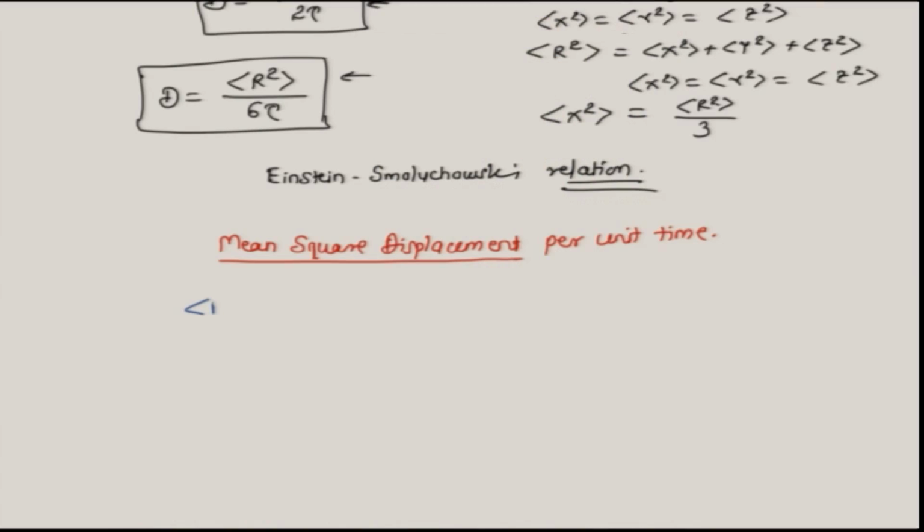Now, we can make a substitution. In the last class we derived the expression for mean square displacement. So, mean square displacement r square average was given as n lambda square, where each particle has made n jumps. Now, if gamma is the successful jump frequency, then gamma is the number of jumps an average atom makes per second, right.